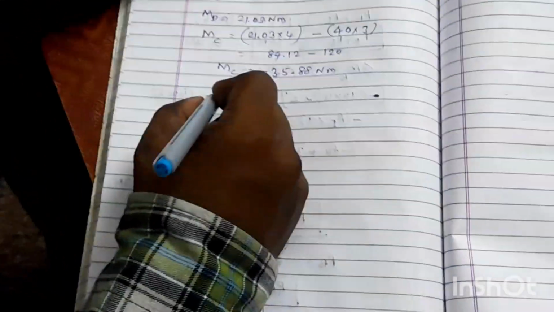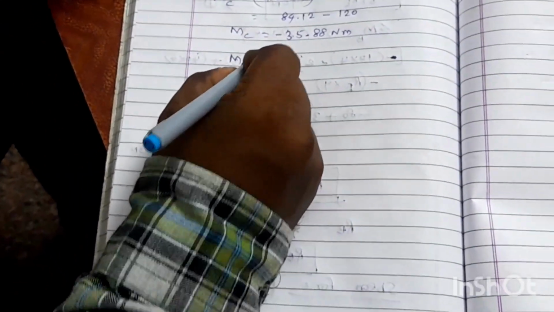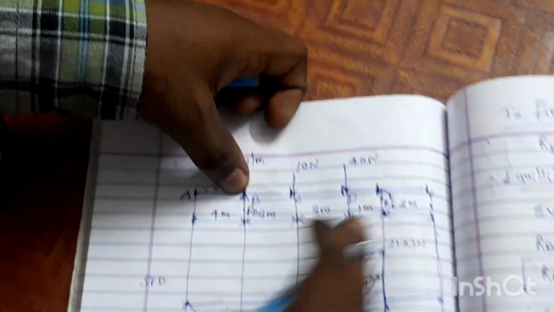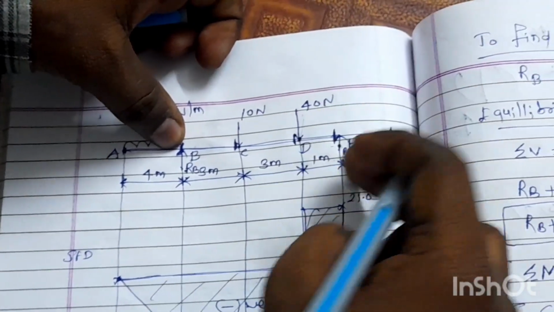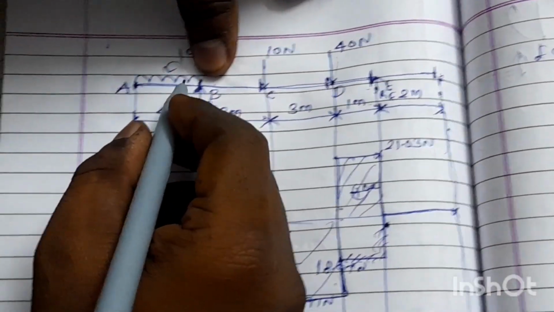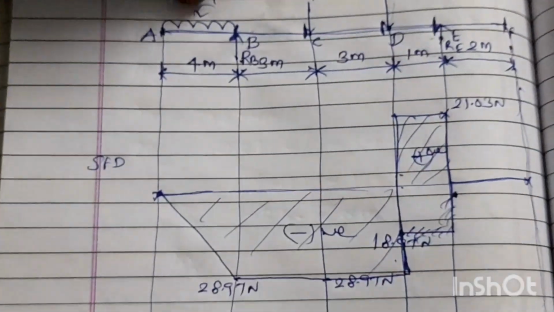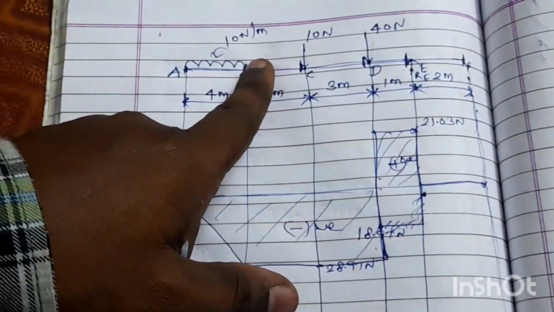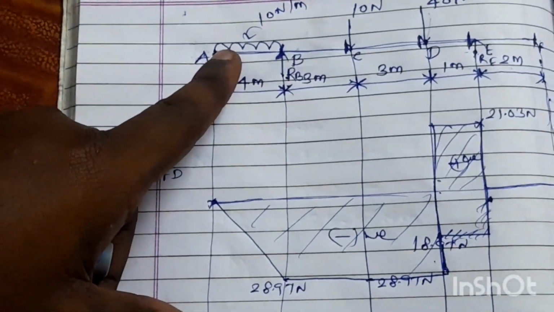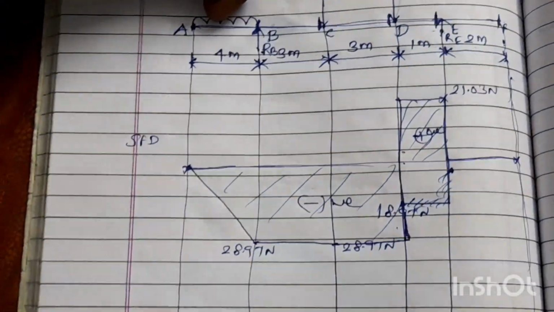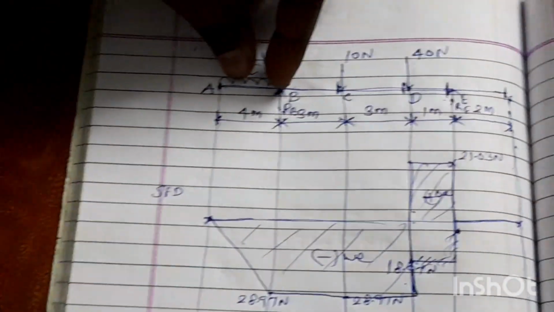Okay, M at C. And let's take M at B point. If you consider the right side, the number of forces are many, 1, 2, 3. If you consider the left side alone, you have only the UDL. So consider the left side from the reference point. Since it is a downward force, 10 into 4 is the total point load and acts exactly at the center point, multiplied with the distance 2 meter.